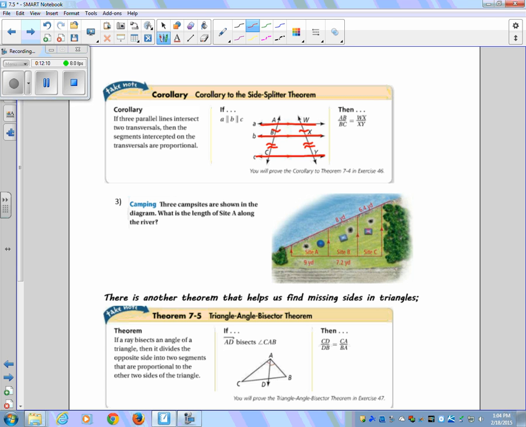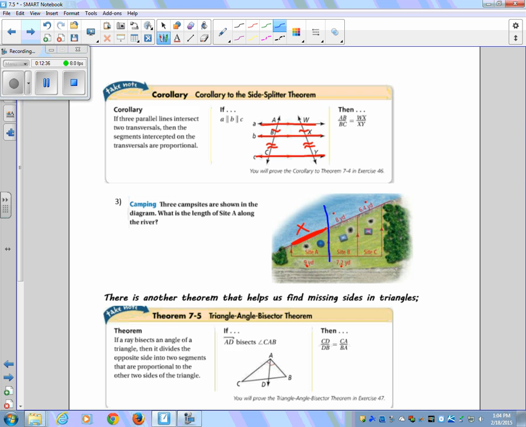So here's number 3. 3 campsites are shown in the diagram. What is the length of site A along the river? So we're talking about this shoreline right here. And we see that we have these pieces of information. So if we call this X, because that's the side we're trying to find, we can just set up proportions just like we would as if this was a triangle with side splitter.